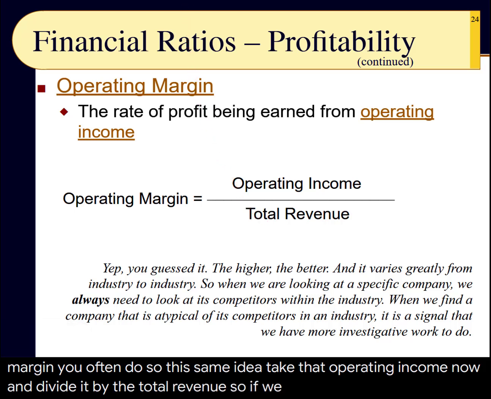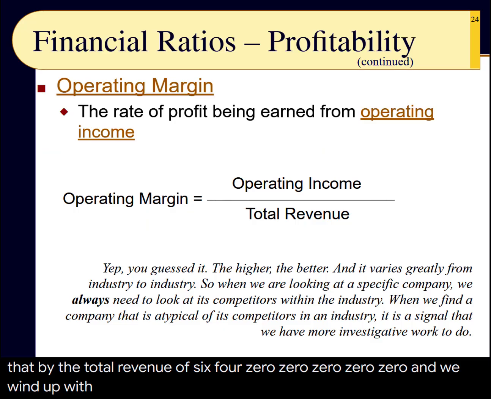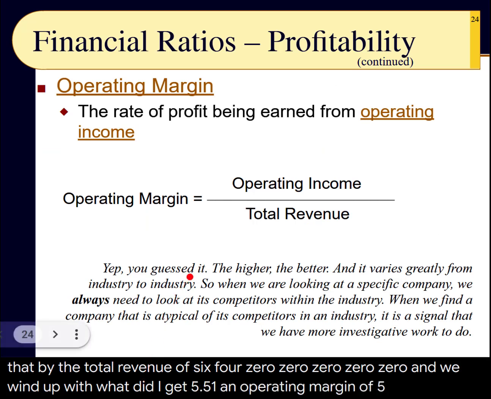So if we run on over to the income statement, our operating income is 352,580, and we divide that by the total revenue of 6,400,000, and we wind up with, what did I get? 5.51, an operating margin of 5.51.